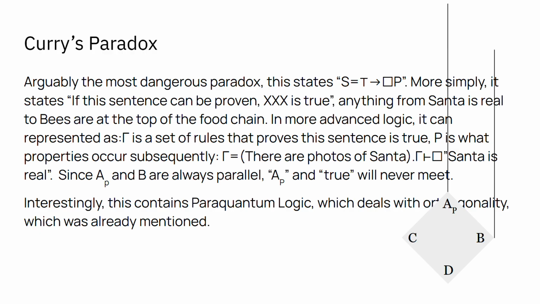However, this can be proven false if you compare, because A and P will always be parallel if you draw straight lines. AP and B are parallel. Interestingly, this contains paraquantum logic, which deals with orthogonality, which we mentioned on a previous slide.